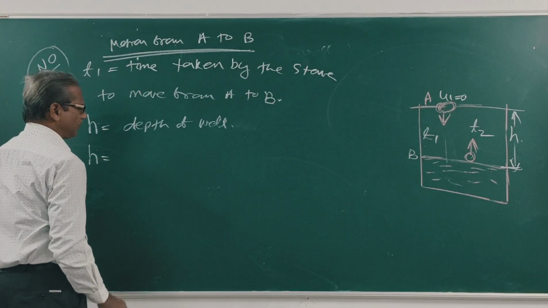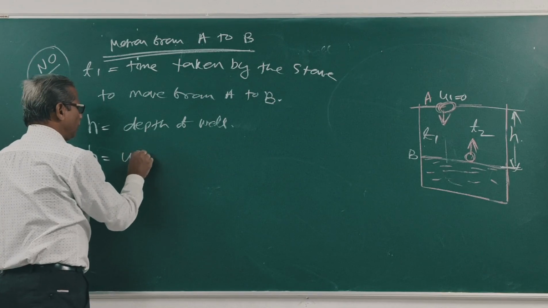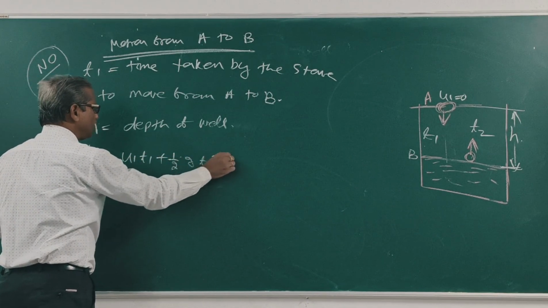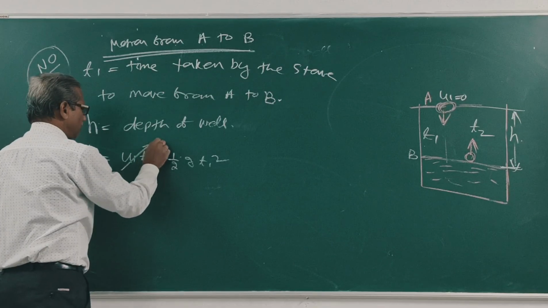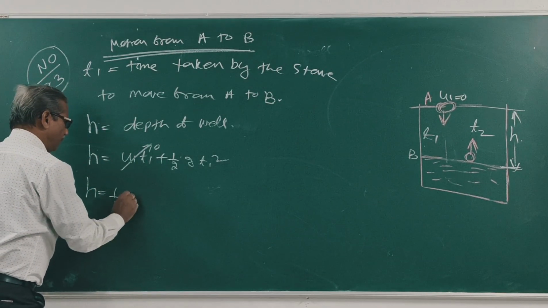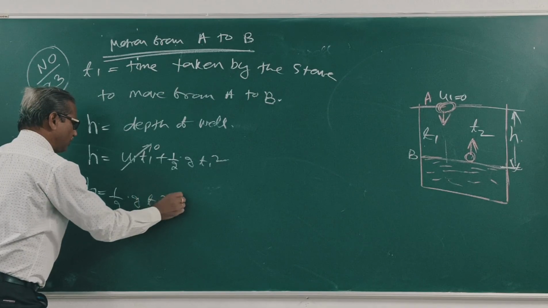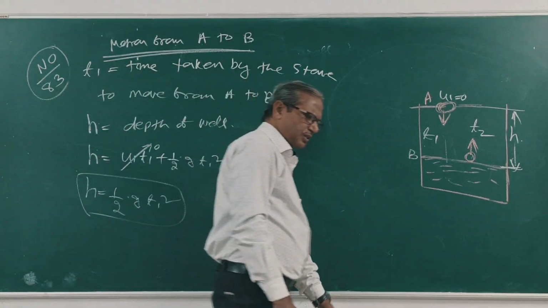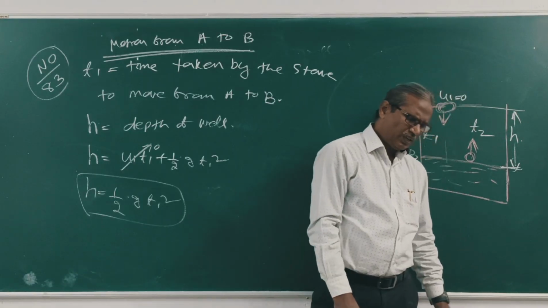H is equal to U1 T1 plus half G into T1 square. This is 0. So H is equal to half G into T1 square. This is H.